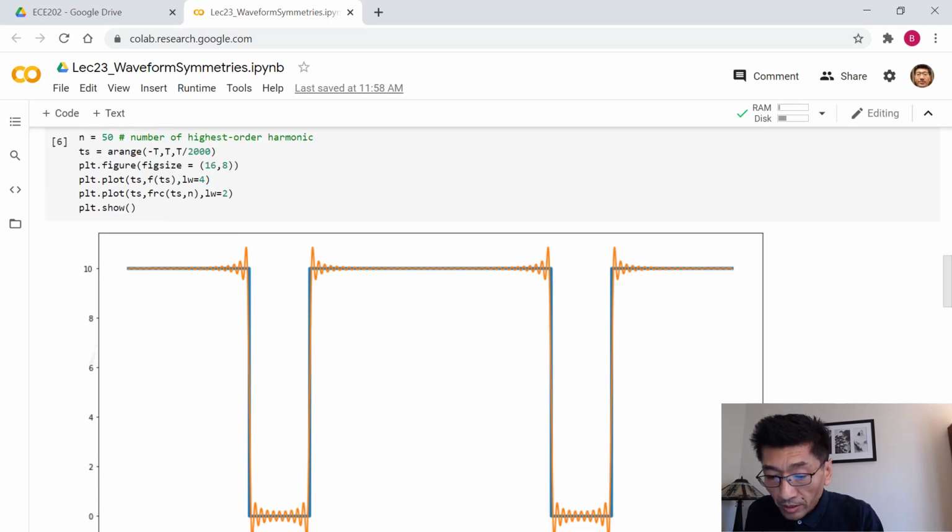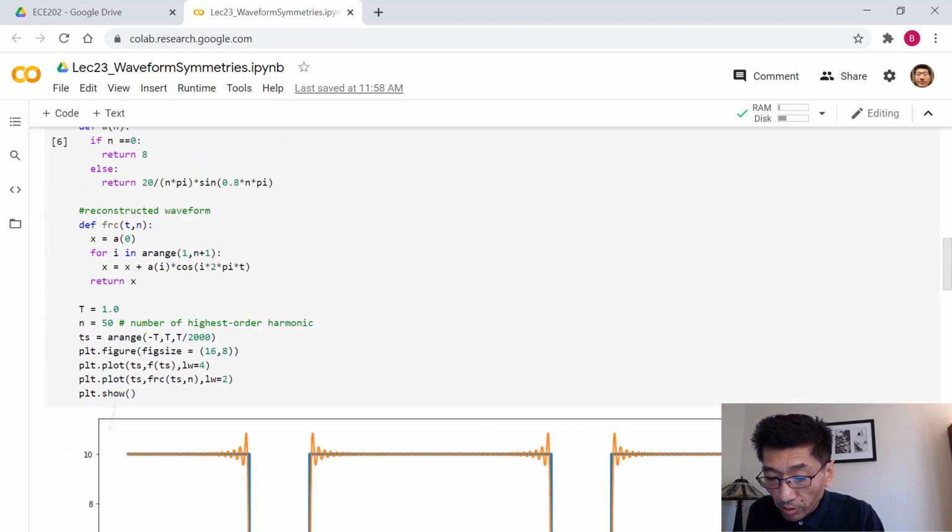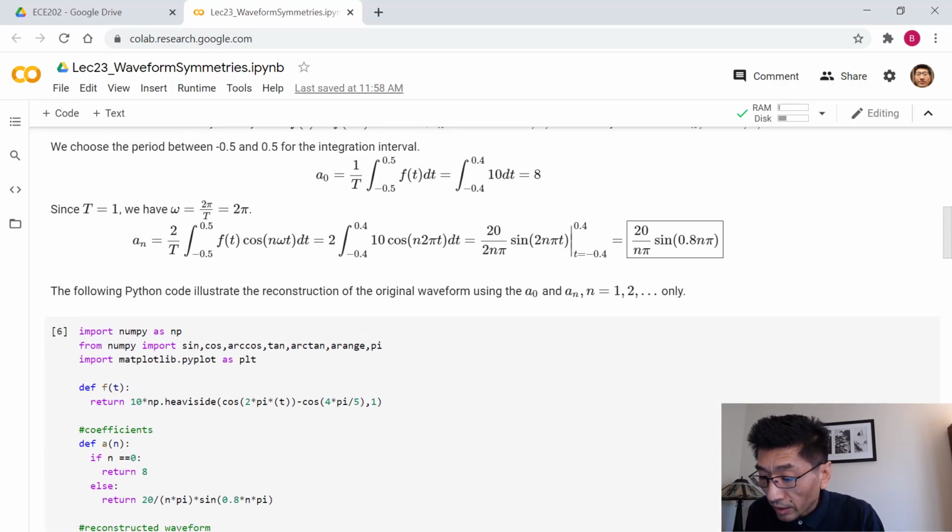The reconstruction of the waveform is going to use the Fourier coefficients we just calculated, right? So we have a0 equal 8, and a sub n is 20 over n pi times sine 0.8 n pi. We're going to use just those Fourier coefficients to reconstruct the original waveform.